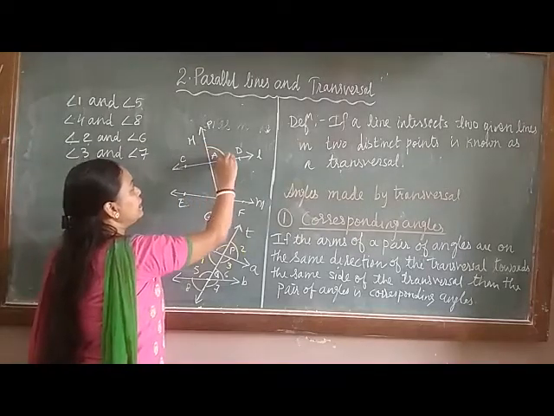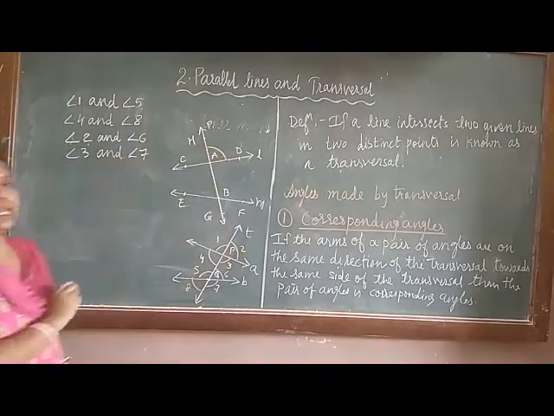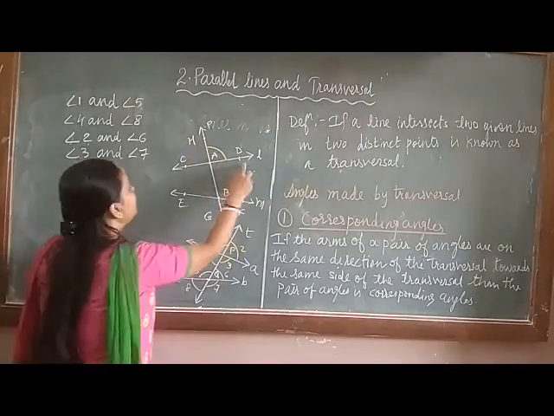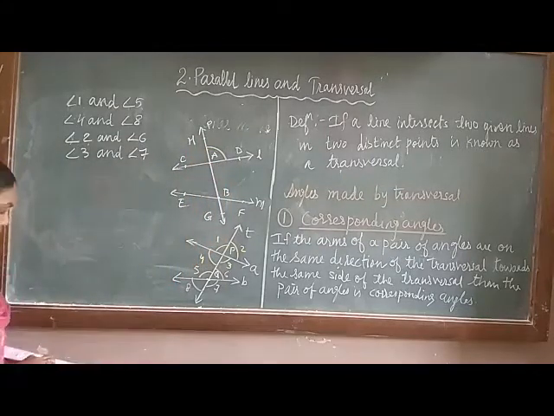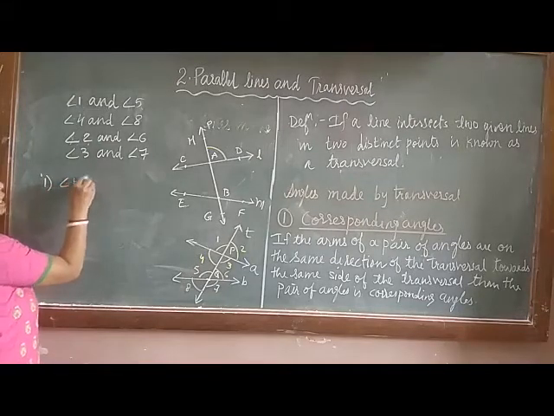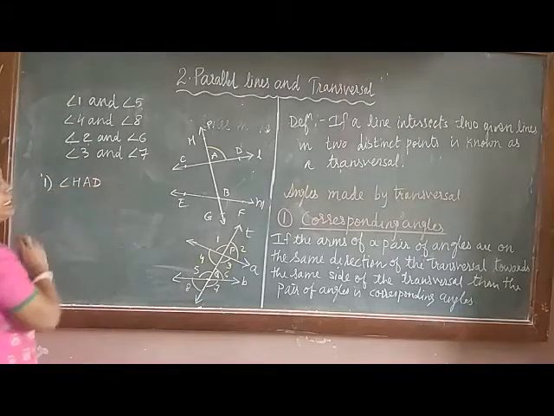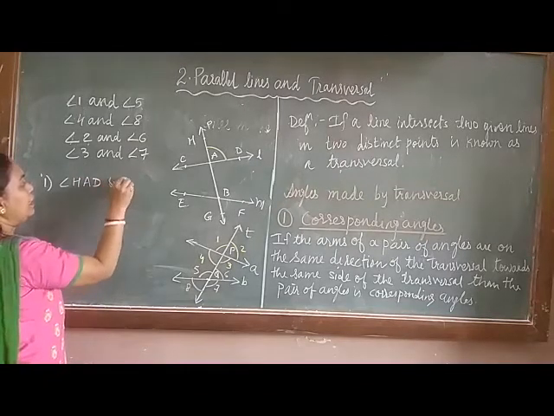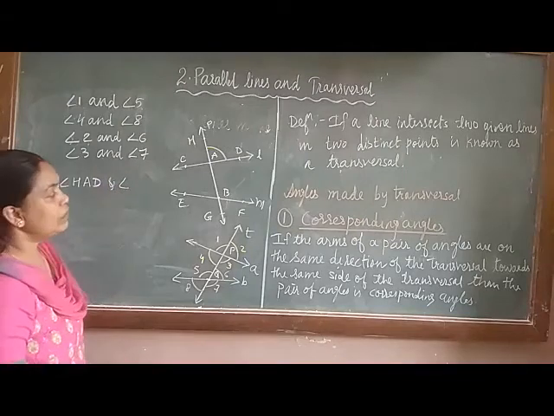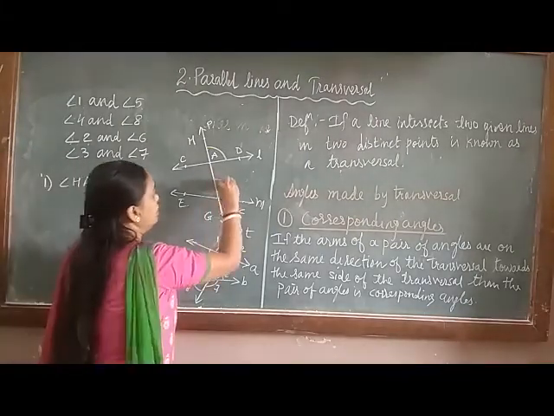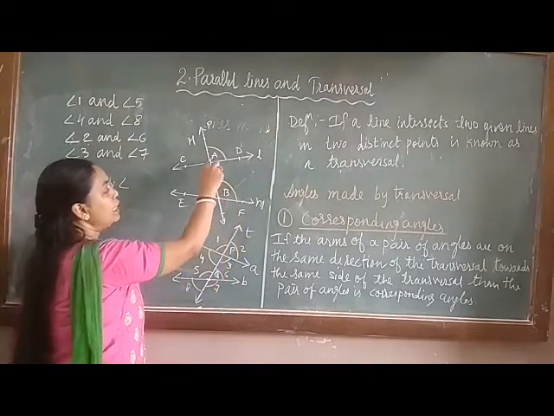Suppose I select this angle, that is angle HAT. So I will write the first pair, angle HAT, in 3 letters, and angle. Which angle will be the corresponding angle here now?